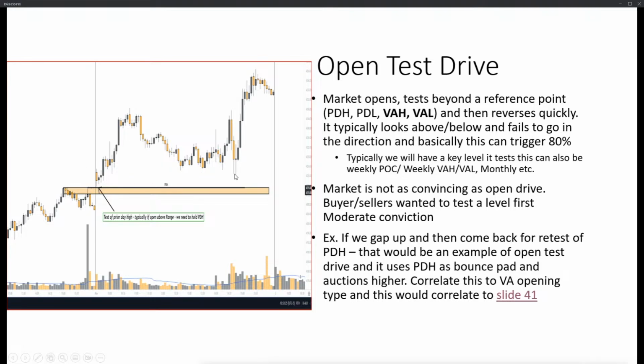If you buy somewhere right here in this line and put a stop loss there, you could find this to be a really successful trade, even if you target the previous liquidity high, which would be here in this case, or if you draw some fibs, you could also find a good support level. So that's how you can use the open test drive in accordance with the where are we opening relationship, to know what you can get out of it.